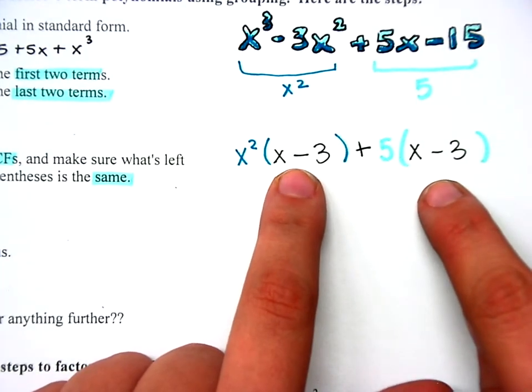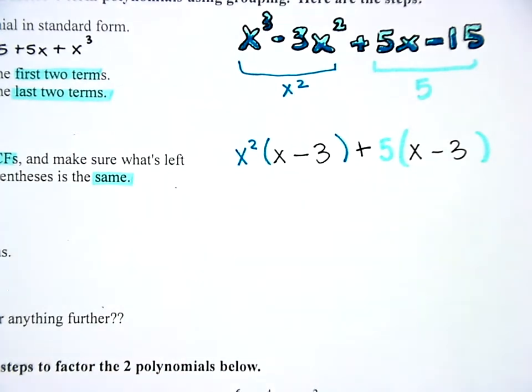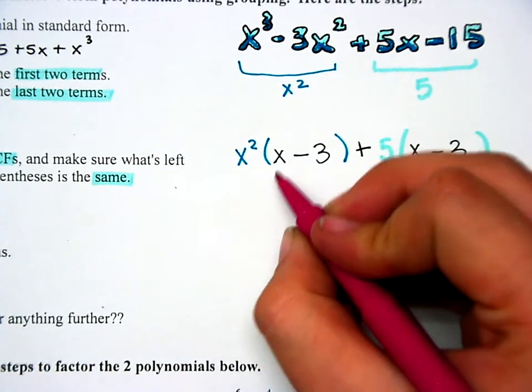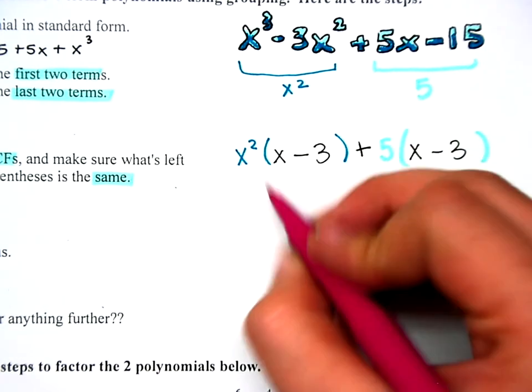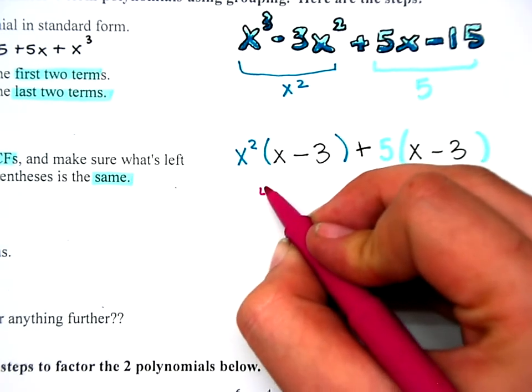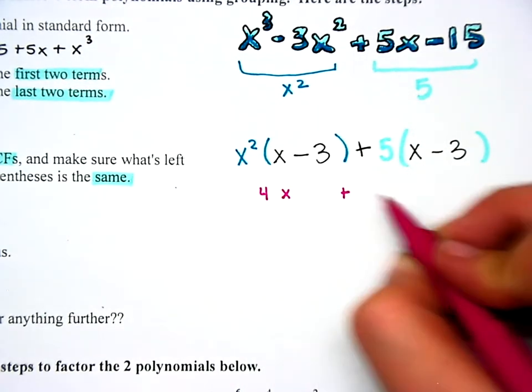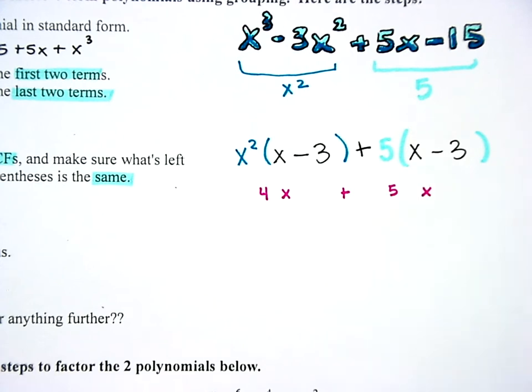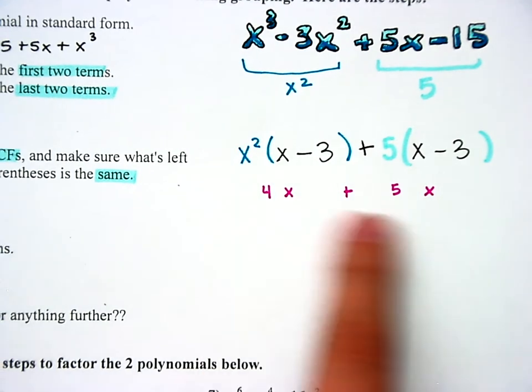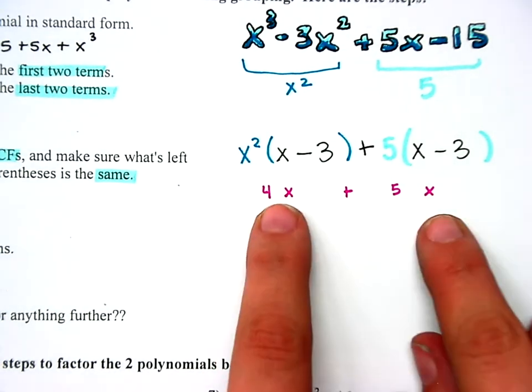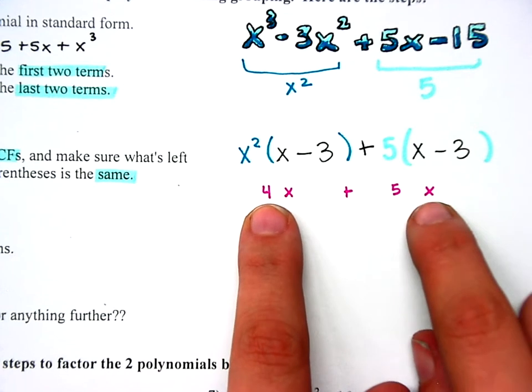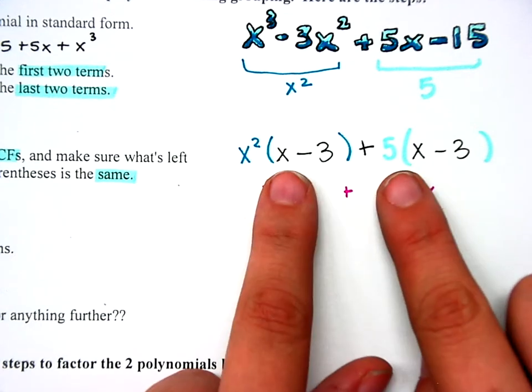That means they are like terms. This is a lot like if I had something written like this. Let's do maybe 4x plus 5x. If I had this, I could combine these because I have 4 of something and I have 5 of something. The same thing is true up here.